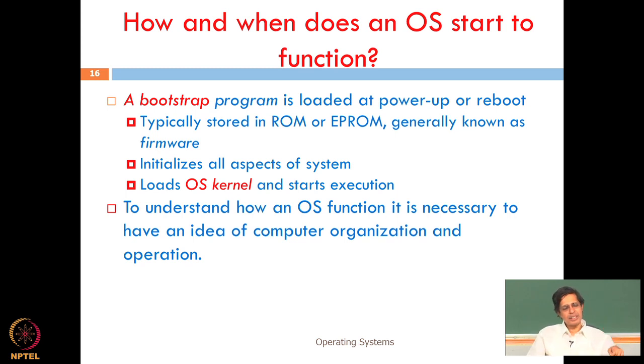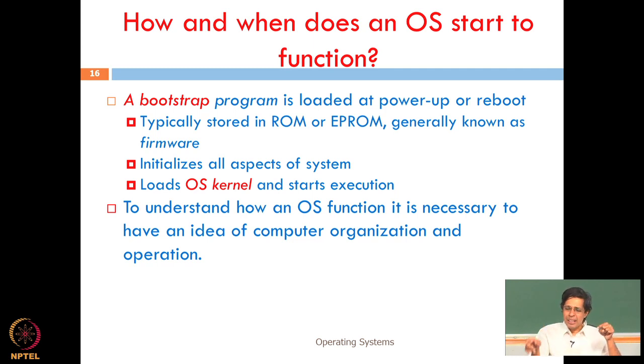So what happens when I switch on is that there is a read only memory with some instructions that start executing, and they go and find a bootable disk. The firmware will find this bootable disk, and in it there will be one master boot record. The firmware will load the content of that master boot record into memory and give control to it.